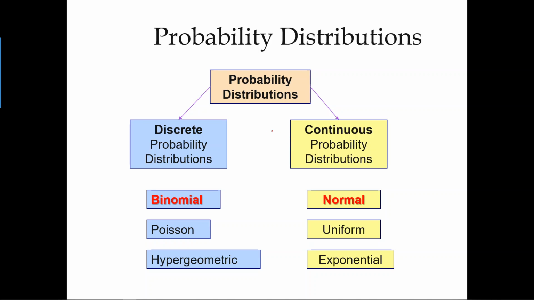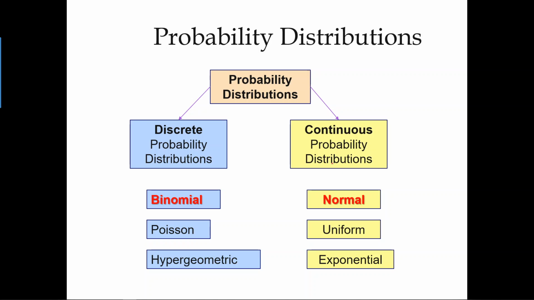Therefore, we have discrete probability distributions and continuous probability distributions. For the mathematical formulas for random variable distributions, we have more, but here I will talk about the relatively popular six. Under the discrete probability distribution, we have binomial, Poisson, and hypergeometric. And under the continuous probability distribution, we have normal, uniform, and exponential.